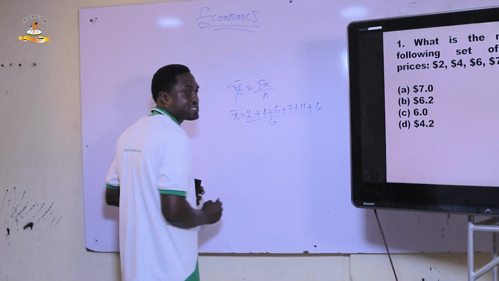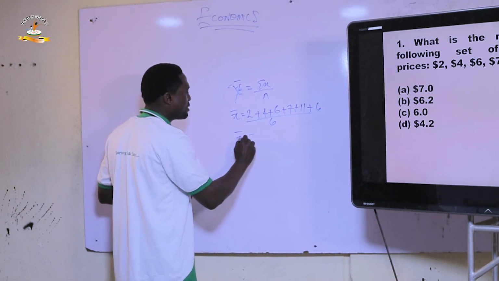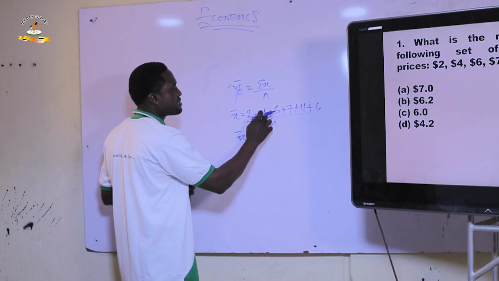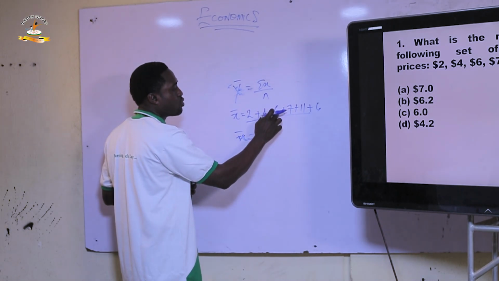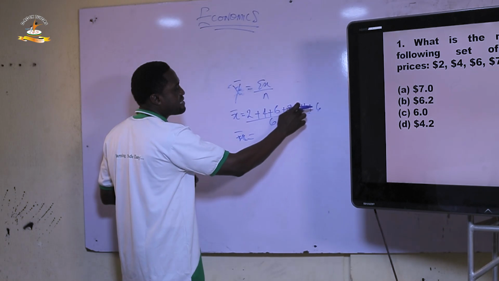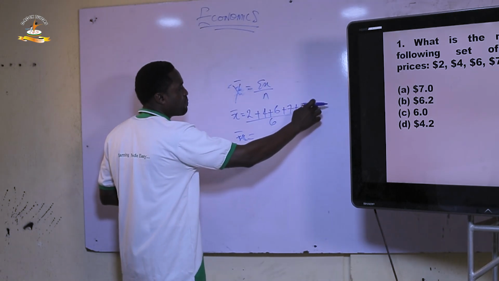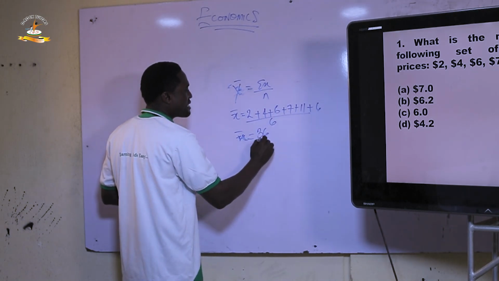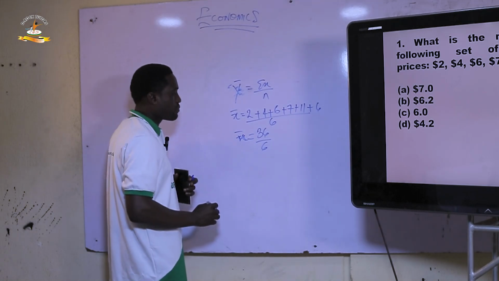That is over 6. Then if we calculate it, 2 plus 4 is 6. 6 plus 6 is 12. 12 plus 7 is what? That is 19. 19 plus 11 is 30. 30 plus 6 is 36. This will be 36 all over 6.